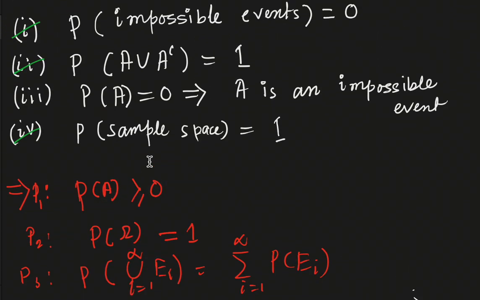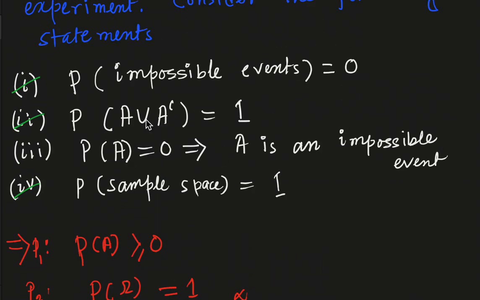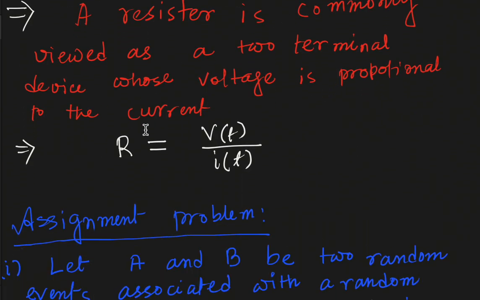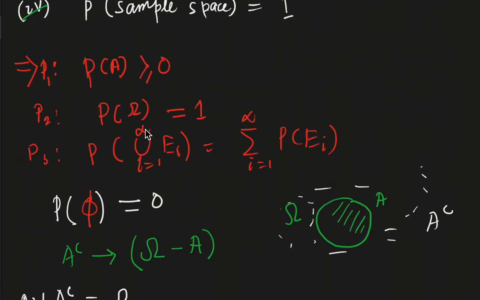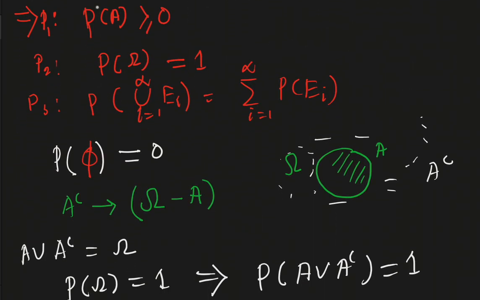What is the axiomatic definition? Here it is. From the axiomatic definition of the probability, the first axiom is that the probability of any event should be greater than or equal to 0.